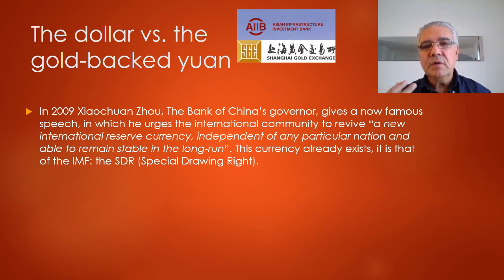While this currency already exists and has been in existence for several decades, it's called the SDR, Special Drawing Right. So Governor Zhou is essentially asking the international community to adopt the SDR as this reserve currency.